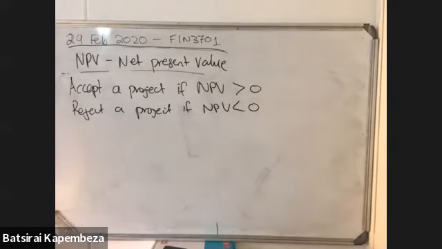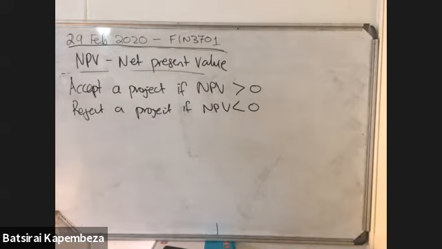The idea behind these two approaches is that we're accepting a project if NPV is greater than 0 because the project is adding value, adding money to the company. And we're rejecting a project if NPV is less than 0, meaning it's negative. That means the project is taking money away from the company. Okay.